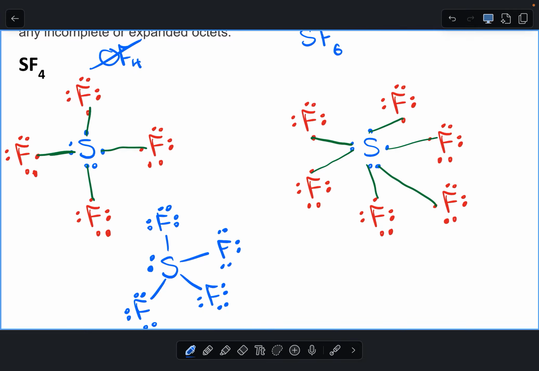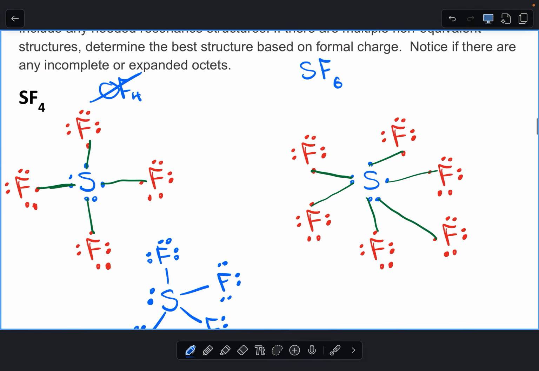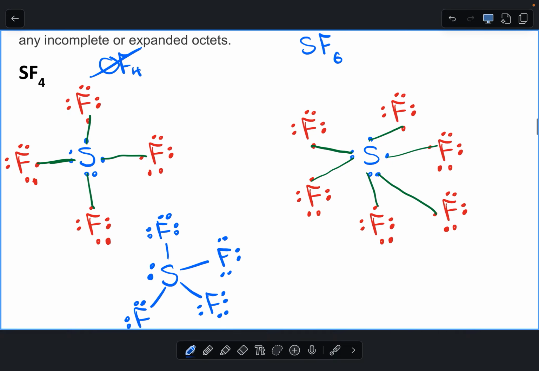Okay, and then just one note about formal charge, because this is kind of an interesting thing. We said before that if things have the bonds that we expect them to, which for sulfur would be 2 lone pairs and 2 bonds, that they'll have a formal charge of 0, right? Which is a very good, stable state. Well, if we look at the formal charge here, I'm just going to do it on this sulfur first.